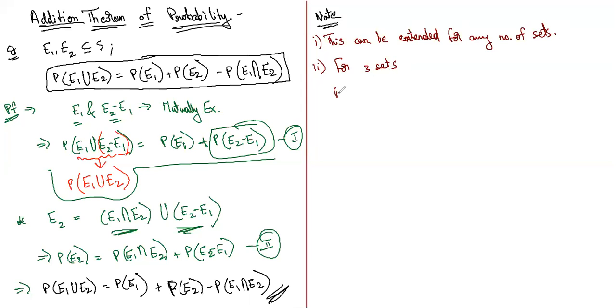For three sets, you can write P of A union B union C equals sigma P of A. Don't become confused. What does sigma P of A mean? P of A plus P of B plus P of C. Okay? Minus sigma P of A intersection B, plus P of A intersection B intersection C.